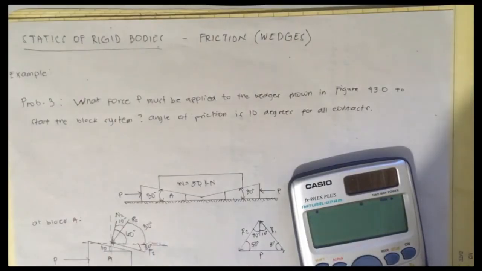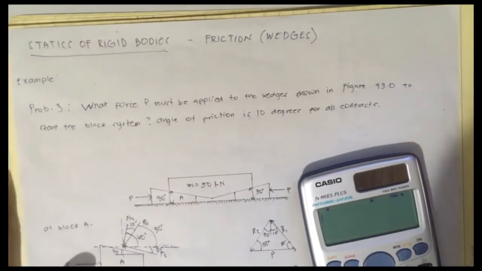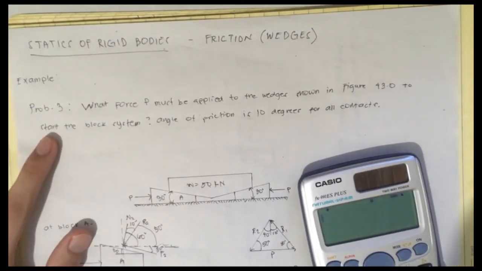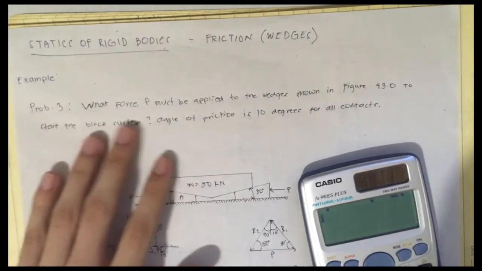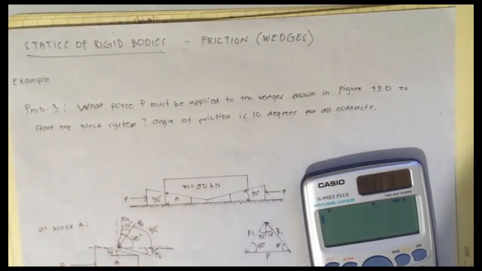Good day, my name is Francis Amado, and I will continue solving problem number 3 under the subtopic friction of wedges. In problem number 3, what force P must be applied to the wedges shown in the figure to start the block system, if the angle of friction is 10 degrees for all contacts?